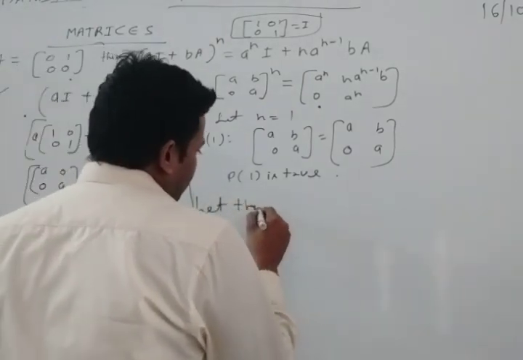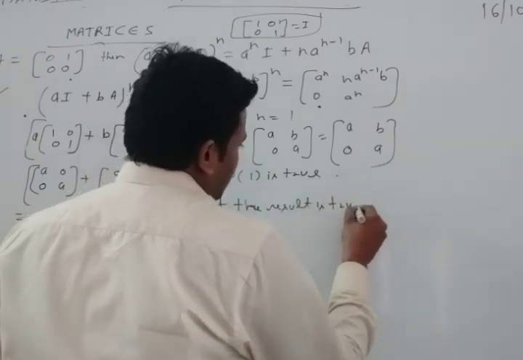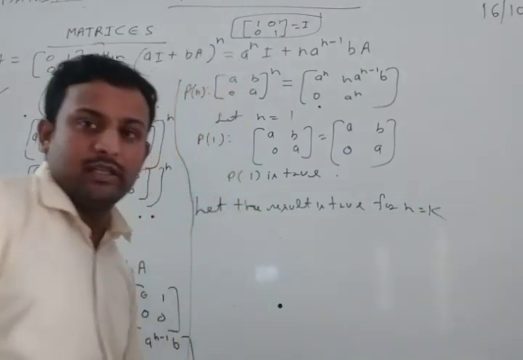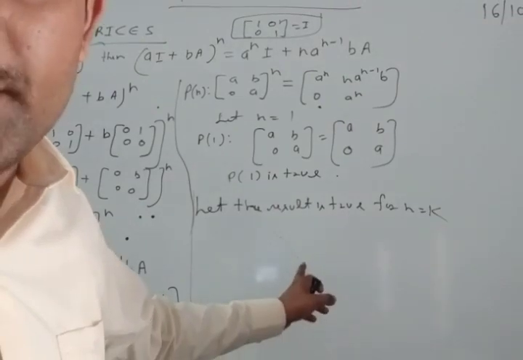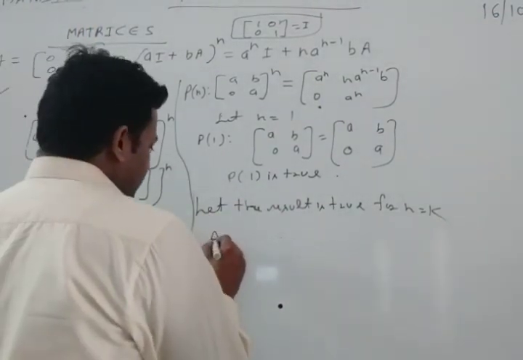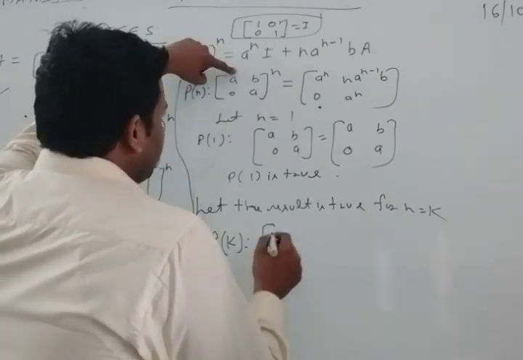Now take, let the result is true for n is equal to k. Okay, result is true for n is equal to k. So Pk, what we will write here?